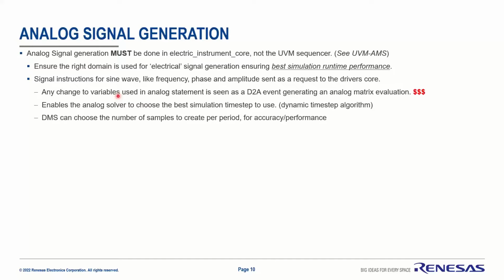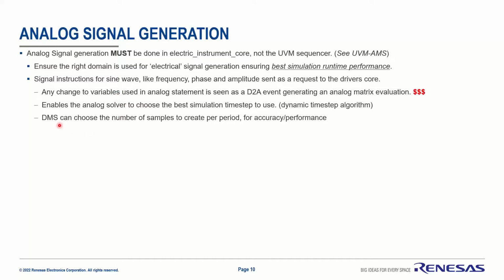So the whole point of this is you're wanting the analog solver to have the flexibility to choose the best time steps so that it's not forced to use smaller time steps than it needs by the digital. If the analog can jump ahead using derivatives and clever algorithms, you get the optimum performance. If you generate your sine wave digitally, you create lots of D2A events that basically constrains that.